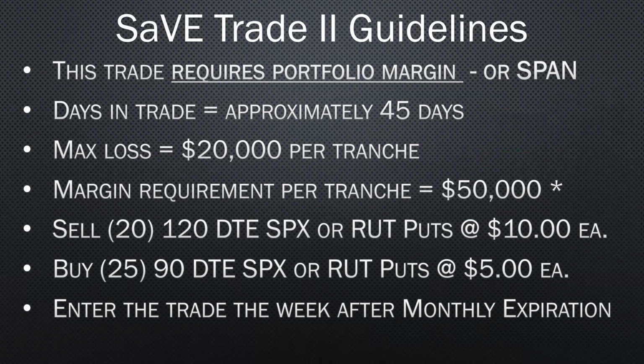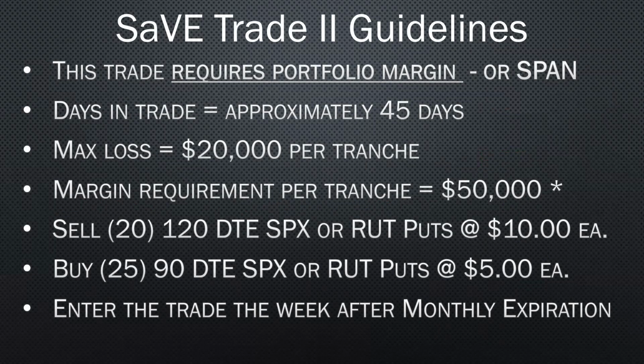So if I have a $125,000 portfolio margin account, maybe the SaVE trade 2 is too big. If you had a $500,000 account, then perhaps this is a more appropriate size, even maybe a $200,000 or $250,000 account. All right, so we're going to basically double the size with one exception.